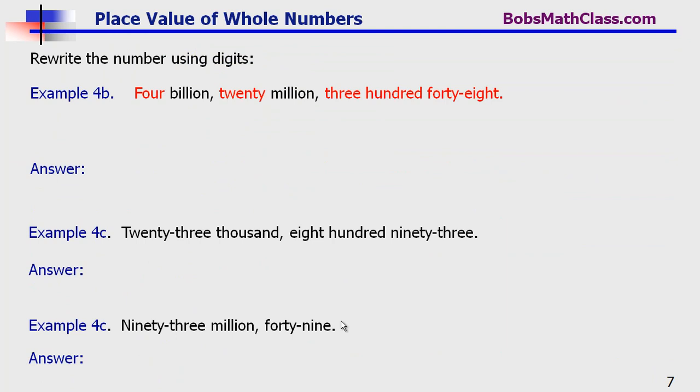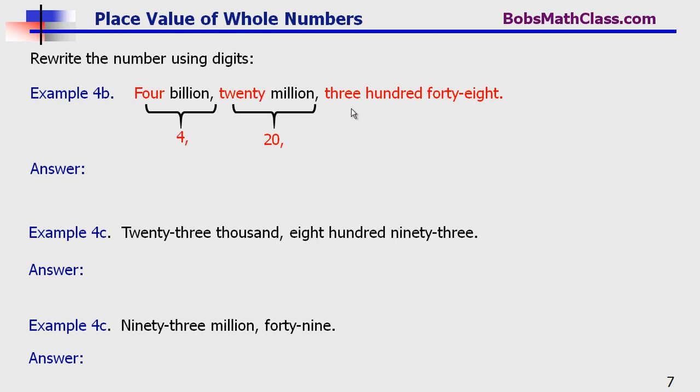Okay, so let's write down the next one. 4 billion. So let's just write down 4. Now after the billion is what period? Right, the millions. That's going to go right after the 4. And it just says 20. But each period has 3 numbers, so we have to put a 0 in front of that 20. So 020, and then after millions, what comes after millions?